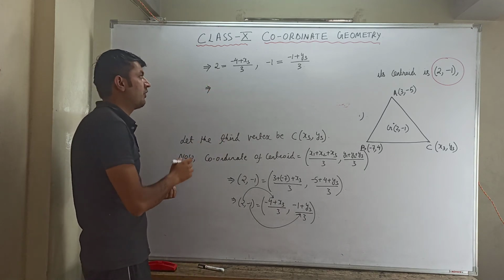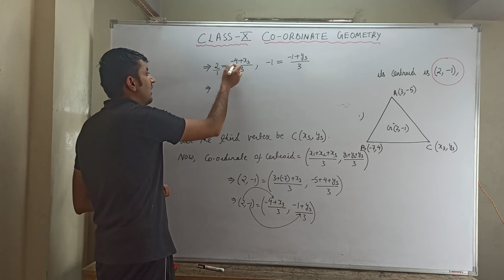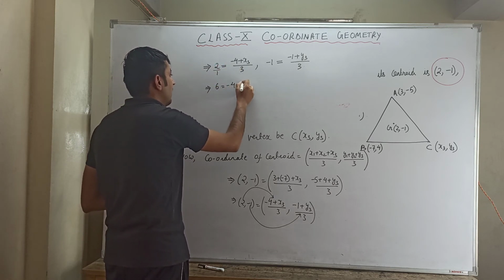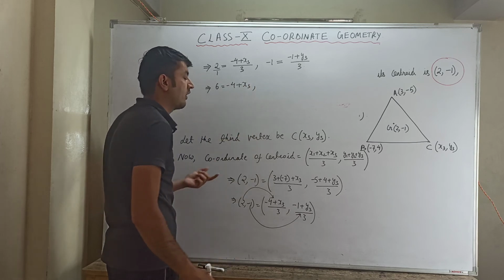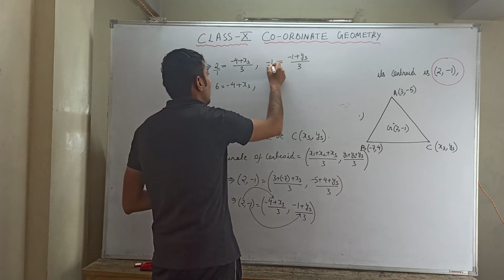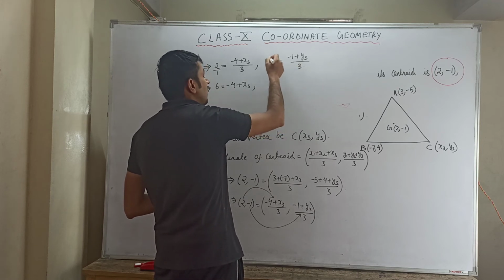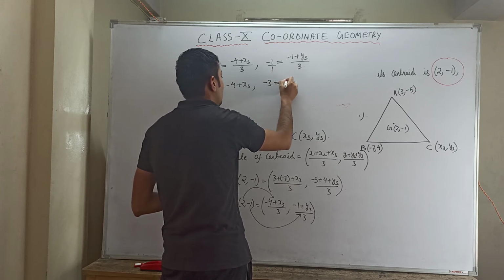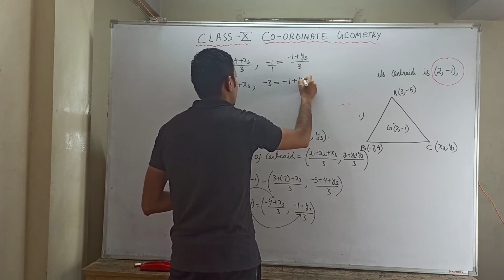2 means 2 by 1. Cross multiplying, 3 times 2 is 6, so 6 equals -4 plus x3. Then -1 is -1 by 1. Again cross multiplying, 3 times -1 is -3, equal to -1 plus y3.